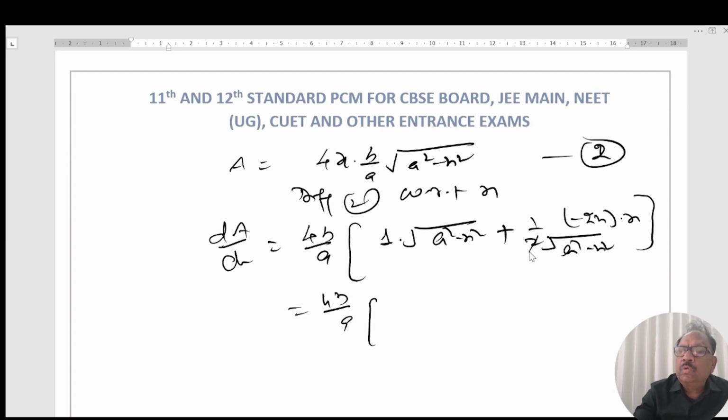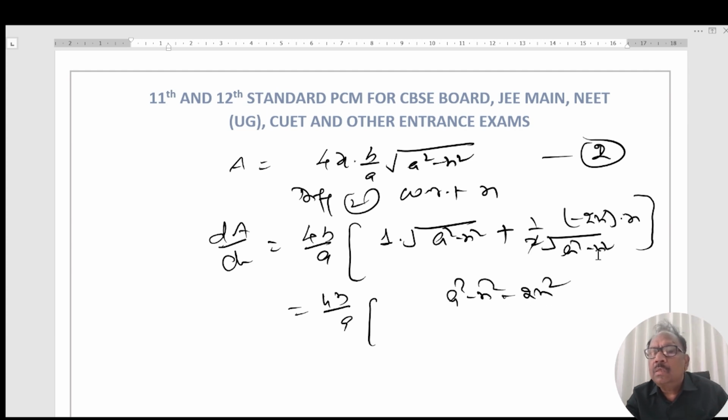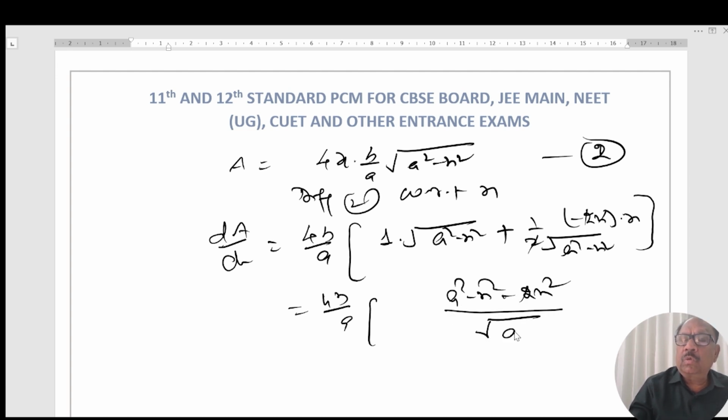On simplification, this 2 goes: a square minus x square minus 2x square over a square minus x square, 4x b by a. This 2 goes, so this will be minus 1x, right? Under root a square minus x square.